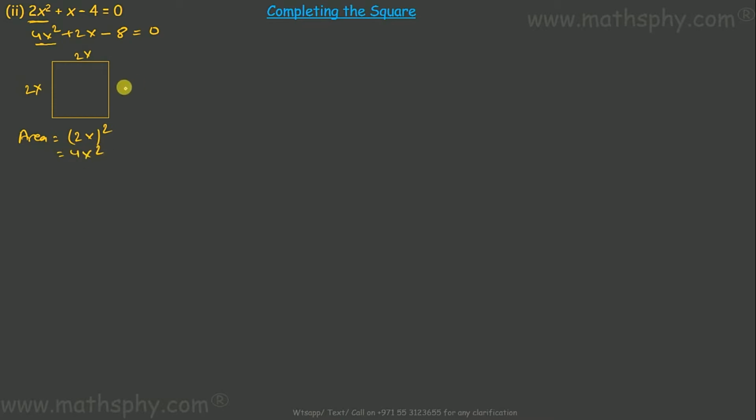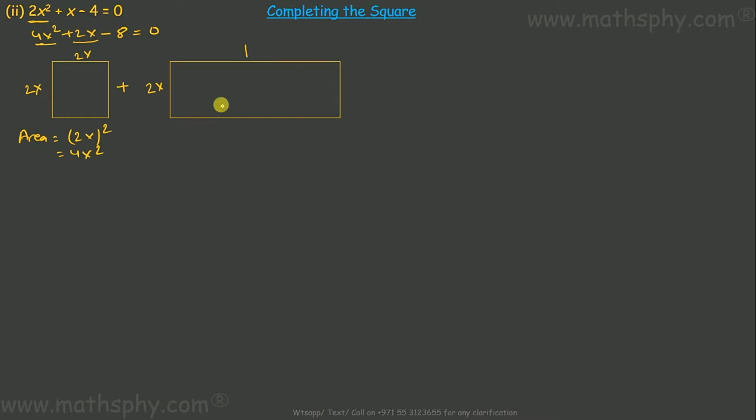Okay, then plus I have to draw a rectangle for this because I cannot draw a square for 2x. This is a rectangle. This I'll keep 2x as it is equal to this square, and this side I'll keep 1. Now I have to add this rectangle and this square, and after adding this I should be getting a square because that's what this method says, completing a square.